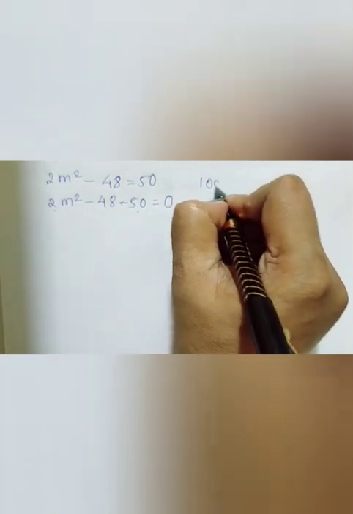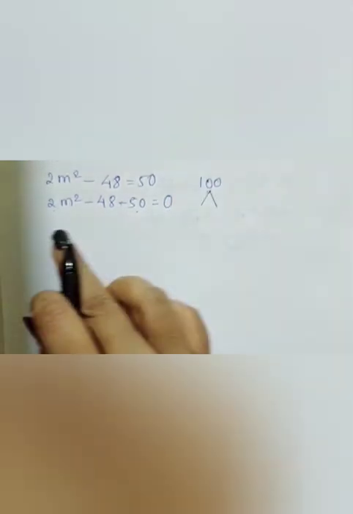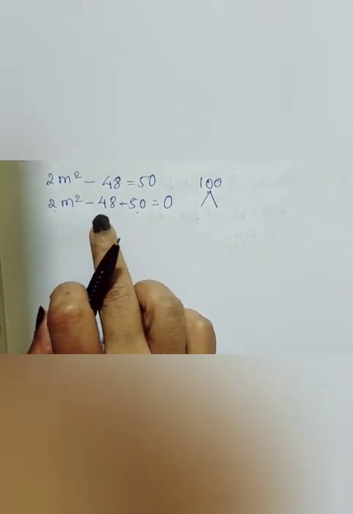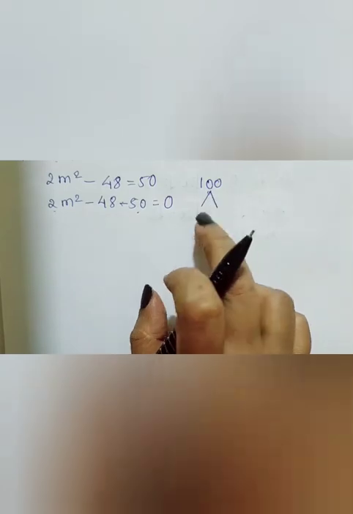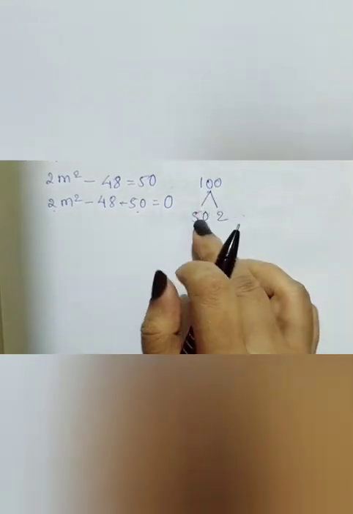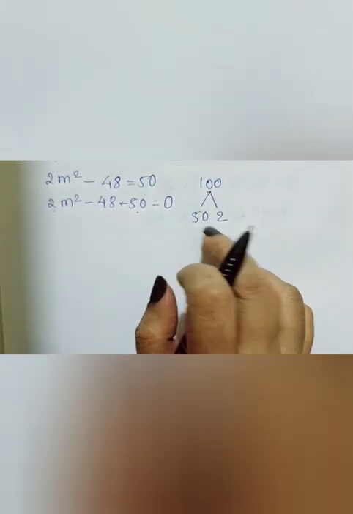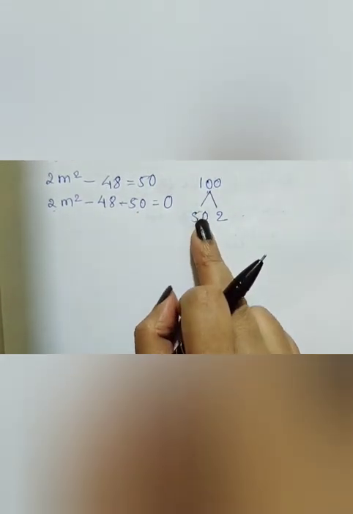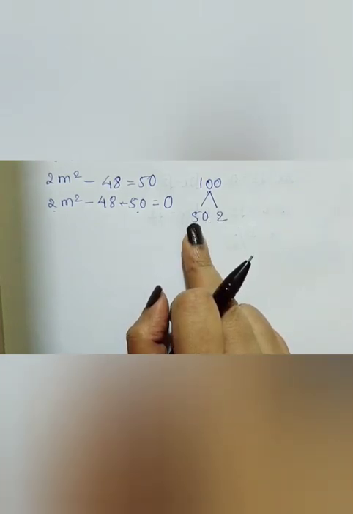Then we'll get 100. We have to split the middle term now in such a way that it should come 48. So first we'll take 50 and 2 for the 100. Here minus is there. So minus 2 is 50. I hope you are getting me.